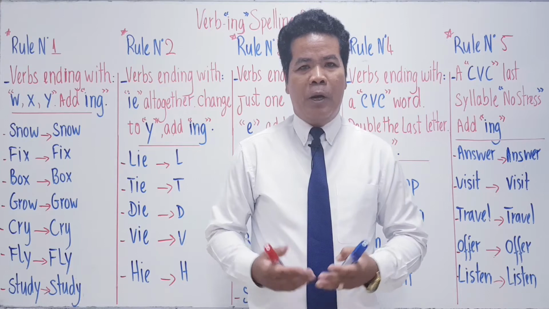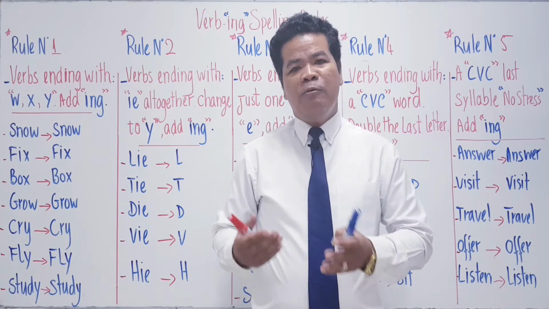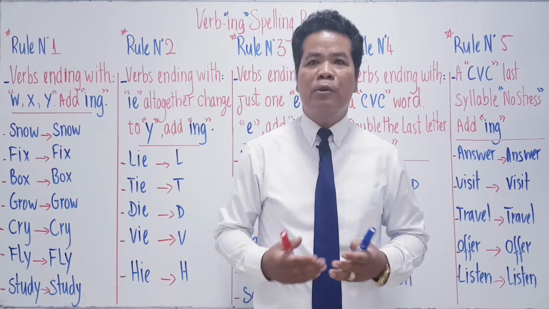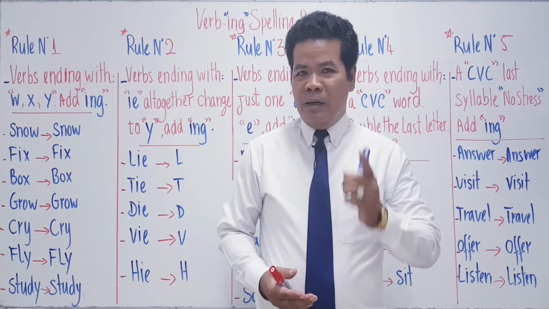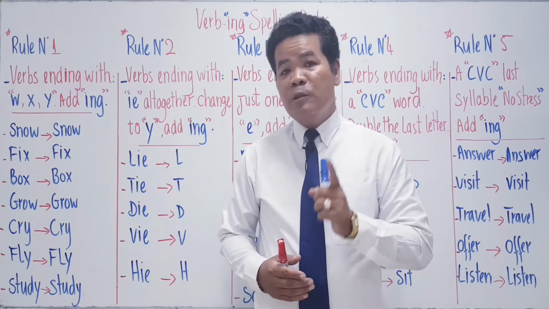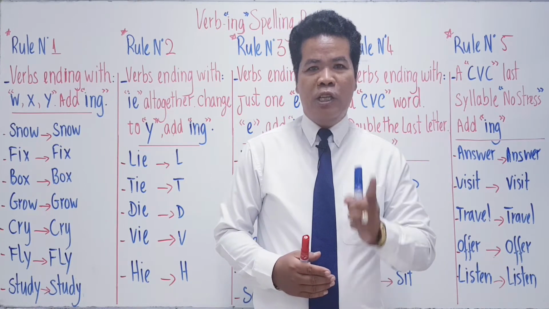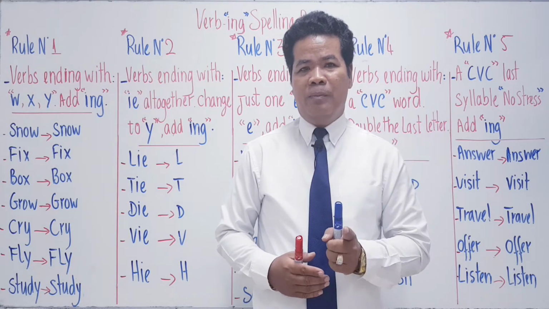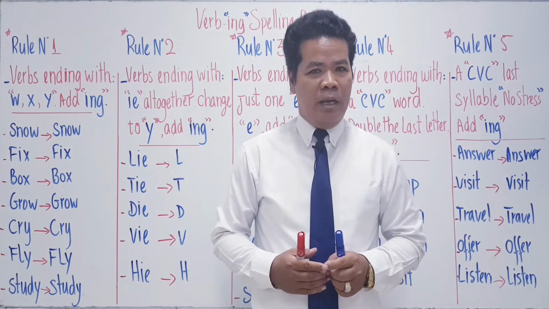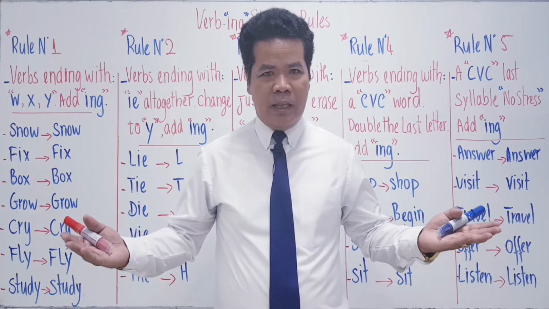Today, we still do not go far from the three forms of the present progressive, but it is very important: the verb plus ing spelling rules. Are you ready? Now, let's study together.